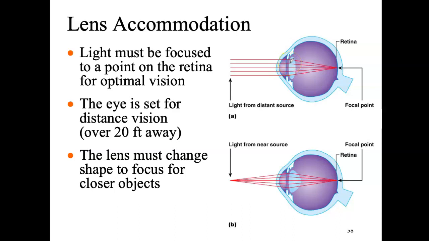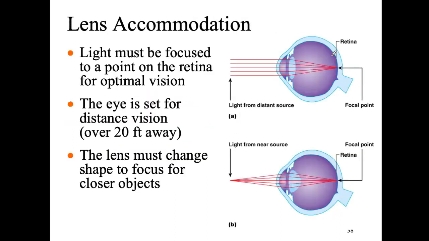But the ultimate bending of light by the actual lens is going to make it so that those rays converge onto certain points in the back in the retina, and that point that it converges on needs to be a specific point that allows you to see in very good focus.